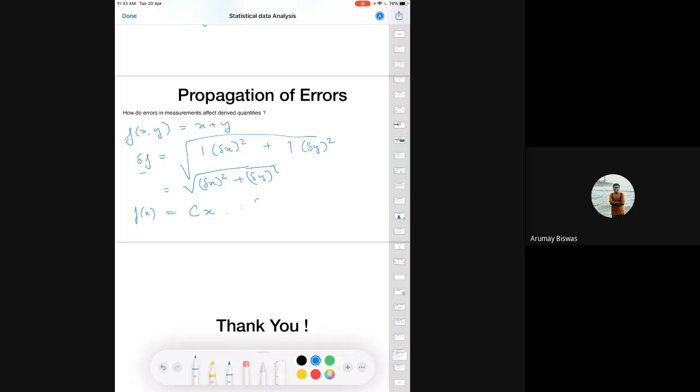That is basically delta f, df dx, which is c, into delta x. So all you need to do is multiply the same constant with the uncertainty in your quantity.